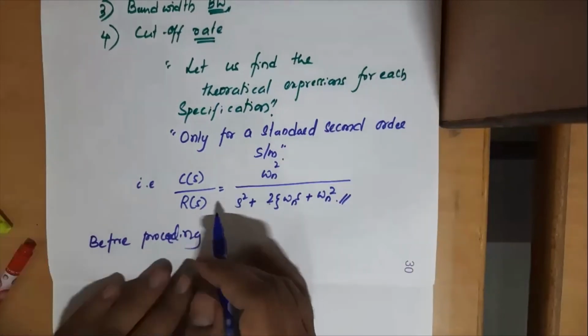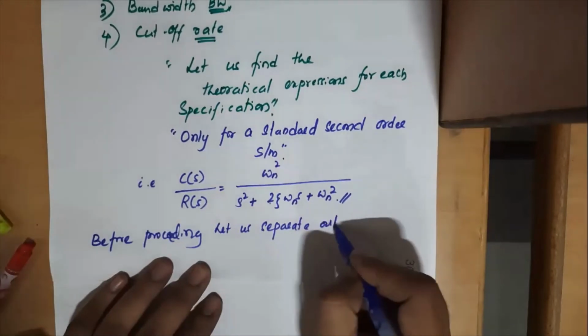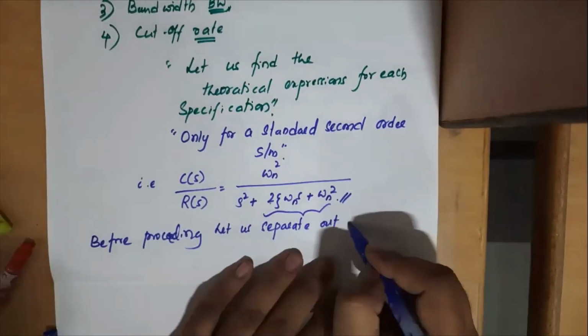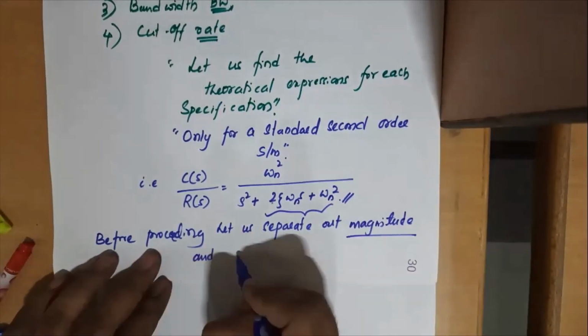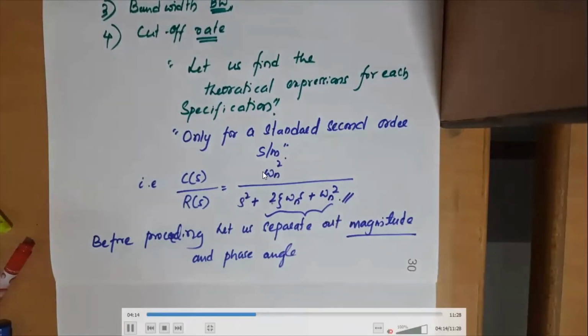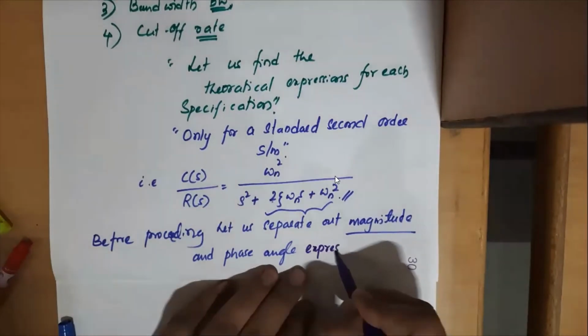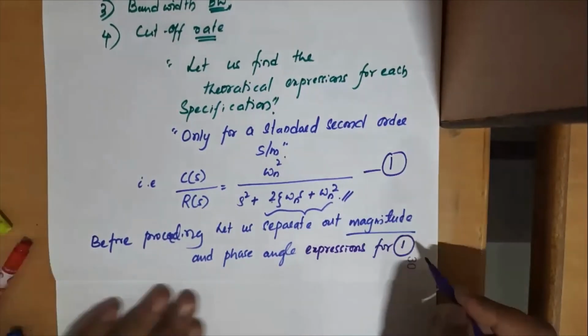So how are we going to derive these expressions using the second order system? Before that, we need to do some mathematical modification. That is, we need to separate out the magnitude and phase angle part from this expression. Then only can we get into the derivation.